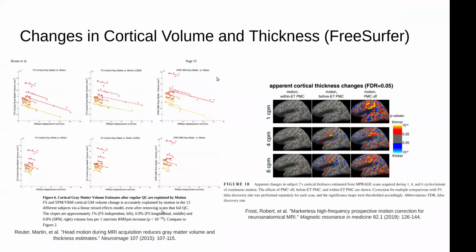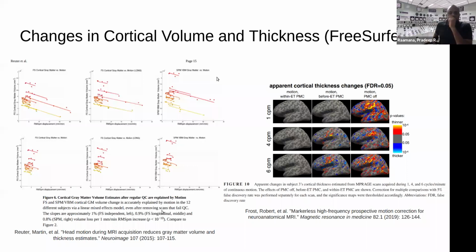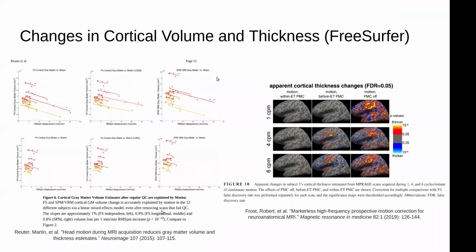Now, for me, the important message is that having a binary QC, as we all do, is not enough, because there is a continuous motion effect, and there is a continuous relationship between motion severity and the final cortical thickness. So having a binary decision is quite useless in this example.